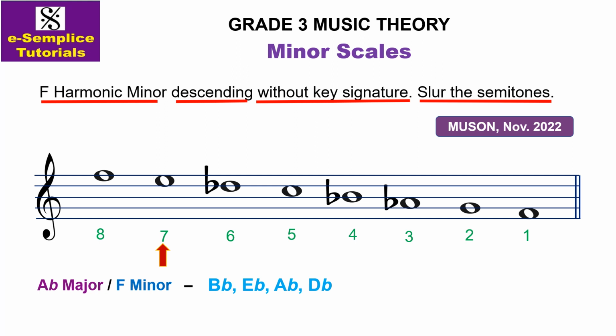What's remaining? Let's slur the semitones. This is a harmonic scale, so it's going to be 8/7, 6/5, then 3/2. And we fulfilled all the conditions. We move to another question.